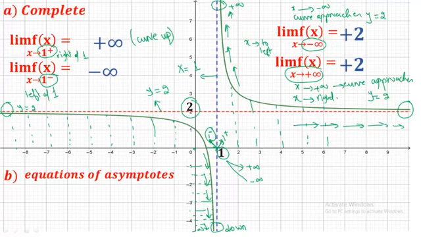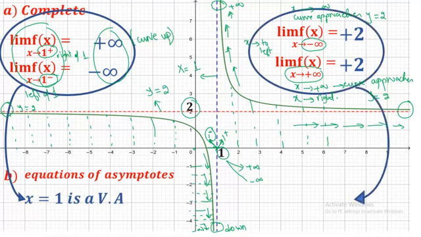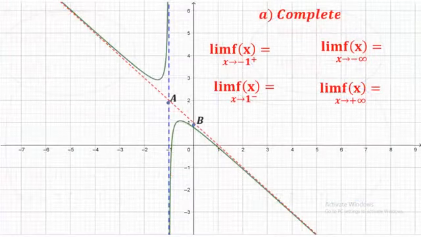Limit as x tends to a number, which is 1, and gives me infinity, then this number represents the vertical asymptote. And when x tends to infinity and we have the answer a number 2, then this number represents the horizontal asymptote of equation y equals 2.